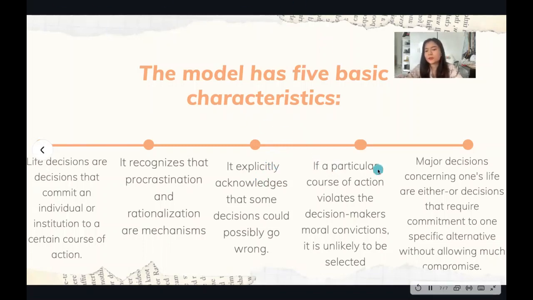Fourth, if a particular course of action violates the decision maker's moral conviction, it is unlikely to be selected. Finally, major decisions concerning one's life are all decisions that require commitment to one specific alternative without allowing much compromise.